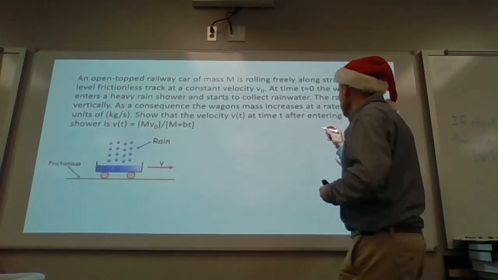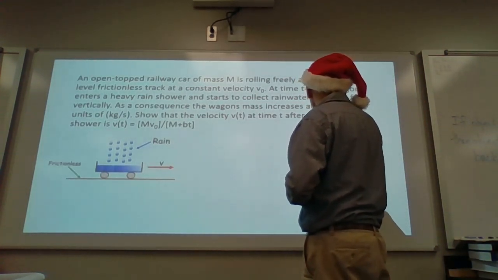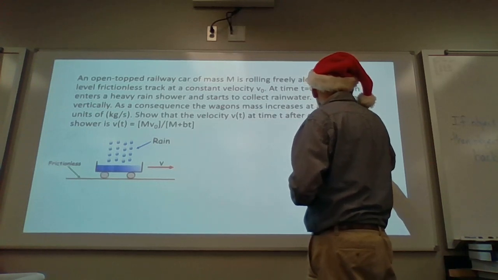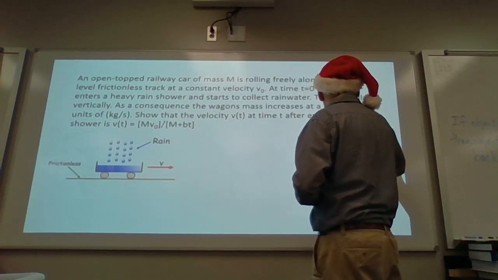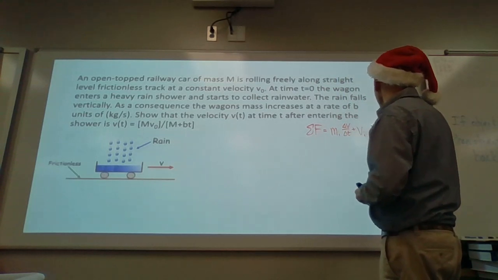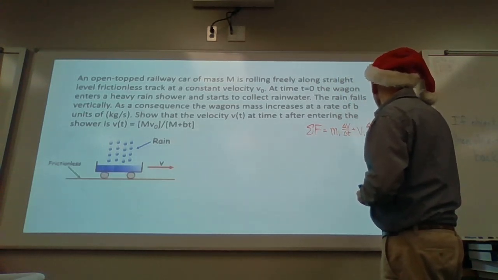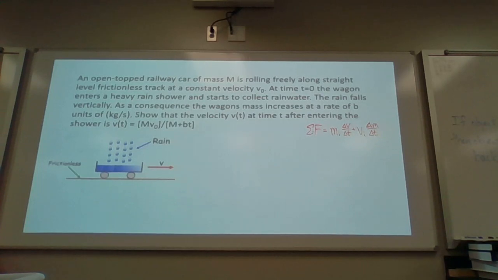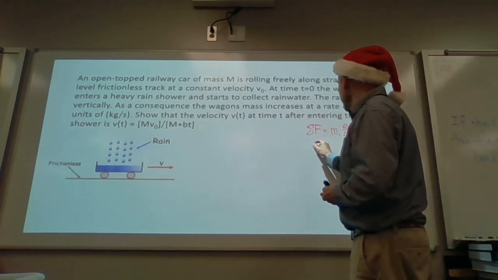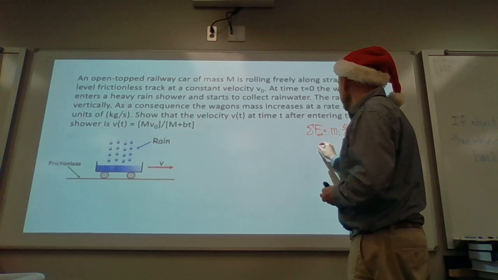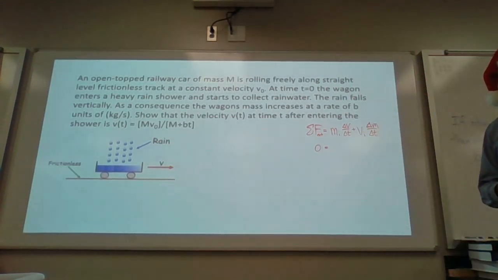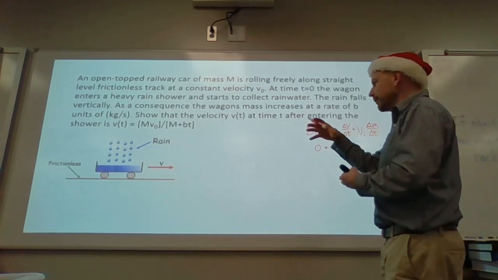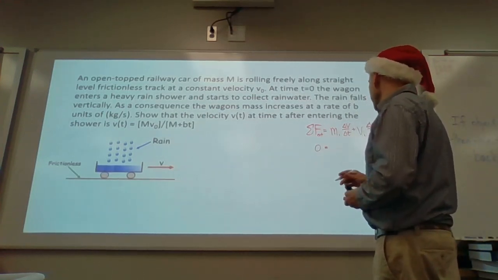So in this scenario, the net external force is equal to 0, because we were saying the rain and the cart are part of the system.